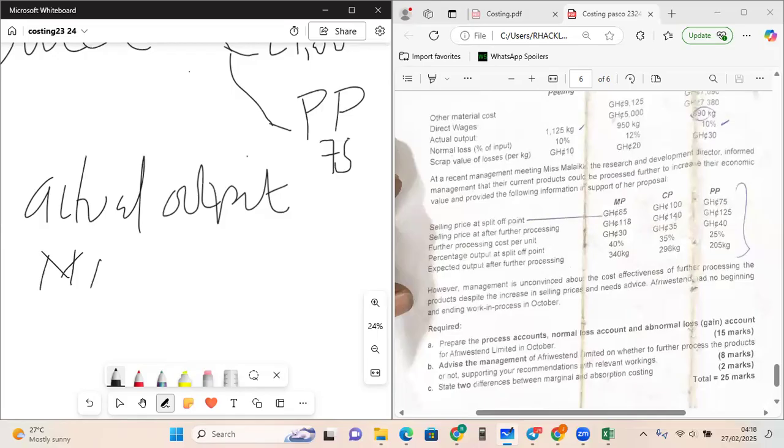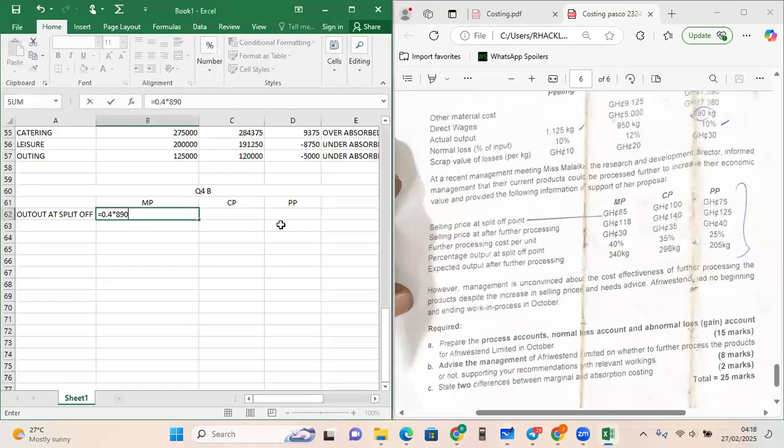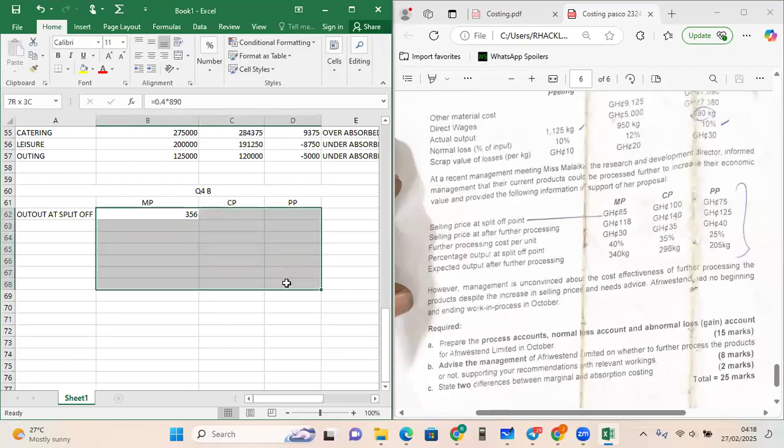So M2 is equal to 0.4, or 40%, times the actual output, 890. The next one will be 35% times 890, and the next one will be 25% times 890.